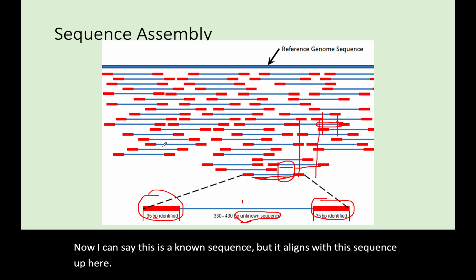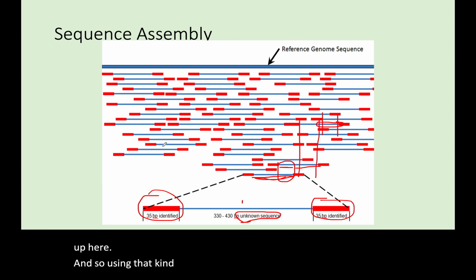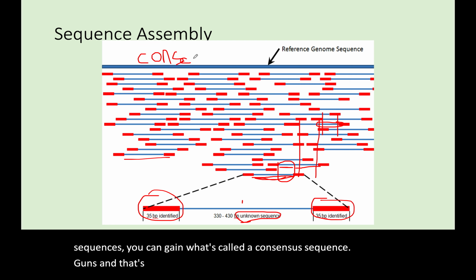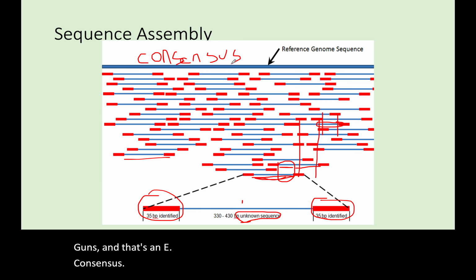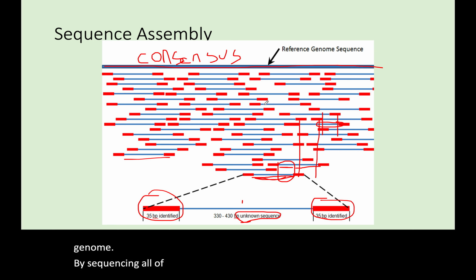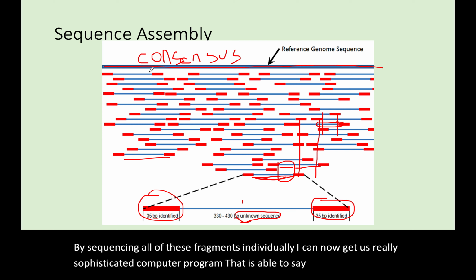And so using that kind of overlapping method, using all of these sequences, you can gain what's called a consensus sequence. A consensus sequence is basically the identity of the original genome. By sequencing all of these fragments individually, I can now get a really sophisticated computer program that is able to say, hey, these all align at this particular site.